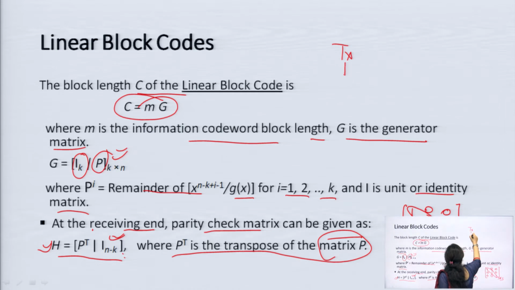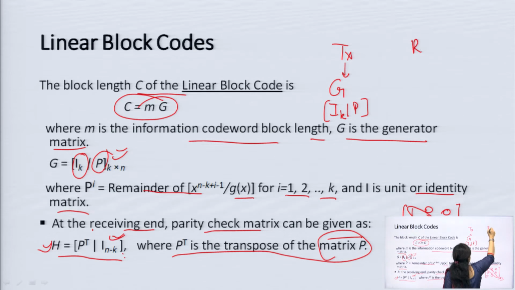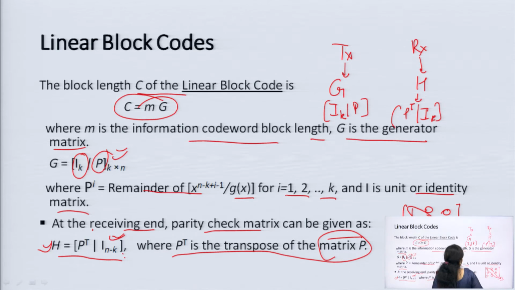At the transmitter side you have to use the G matrix, which is I k P. At the receiver side you have to use this H matrix, that is P transpose I k. Fine. So, the same dimensions are used: this is used at the transmitter side, and this is used at the receiver side.